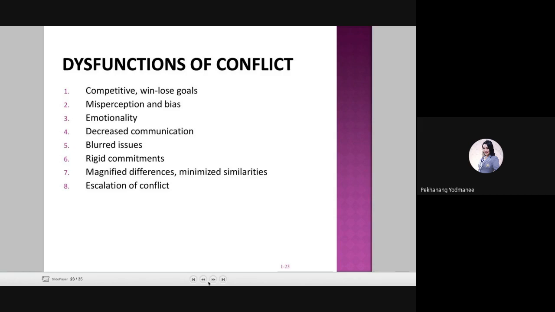Next, magnify differences, minimize similarities. As parties lock into commitments and issues become blurred, they tend to see each other and each other's positions as polar opposites.